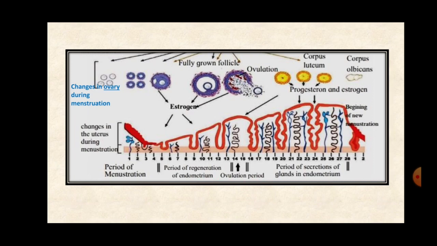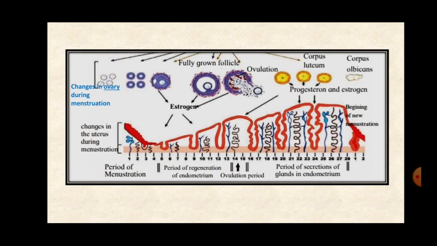So this unfertilized ovum and the endometrium which is now degenerated, both together are removed out through the vagina. And this is accompanied with continuous bleeding. This bleeding period lasts for approximately 3 to 5 days. It varies in each individual female as per their body, but approximately it is 3 to 5 days.